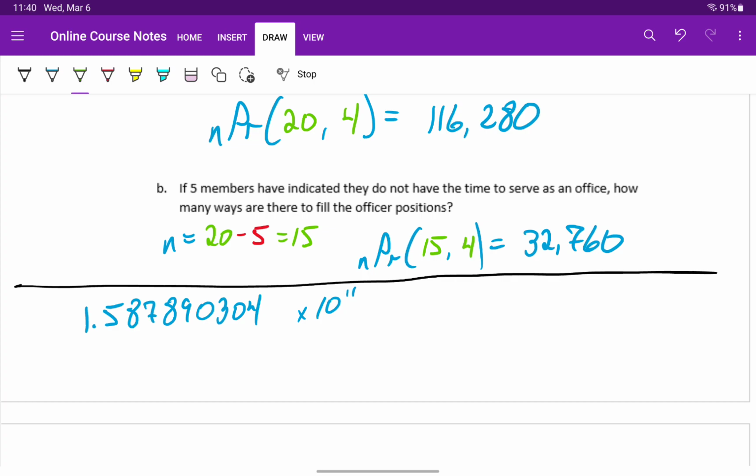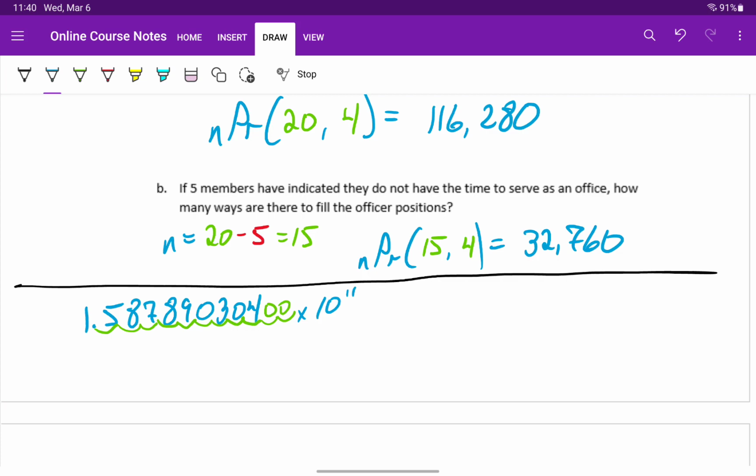What that means is to rewrite this number in standard form, the way we would typically write numbers, we find our decimal place and we move it 11 places to the right. So 1, 2, 3, 4, 5, 6, 7, 8, 9. And when we reach the end of our number, we drop in some placeholder zeros to move 10 and 11 places.